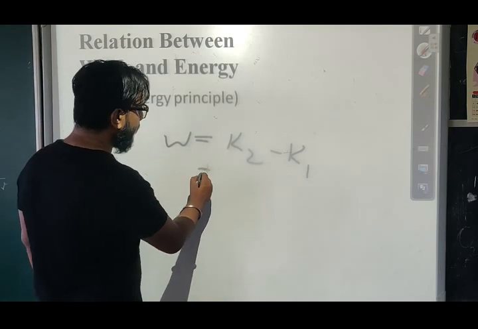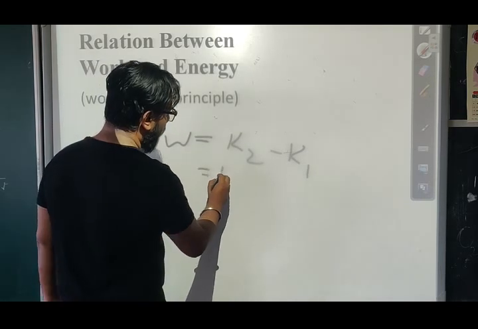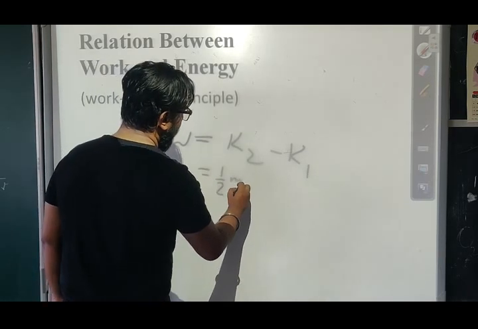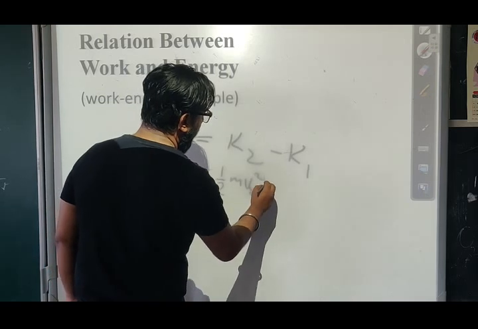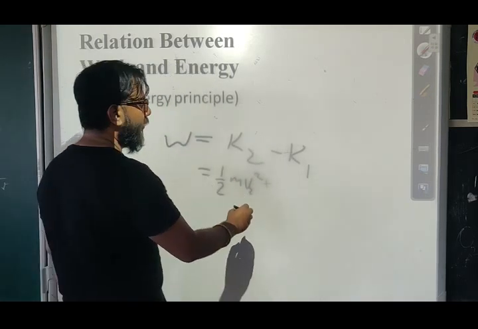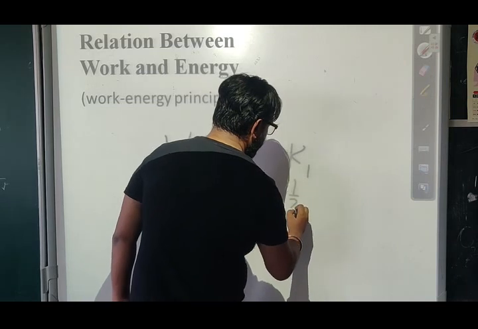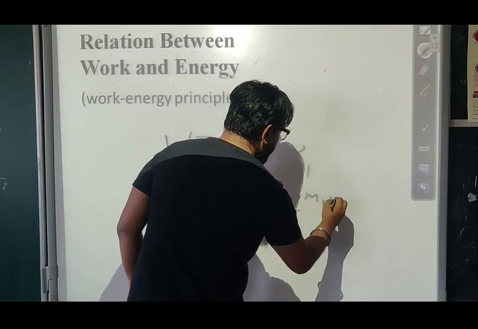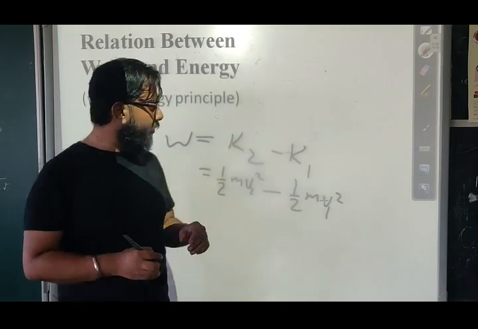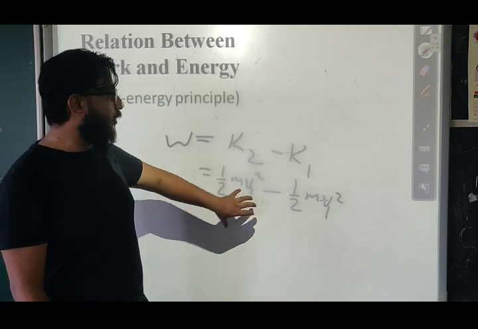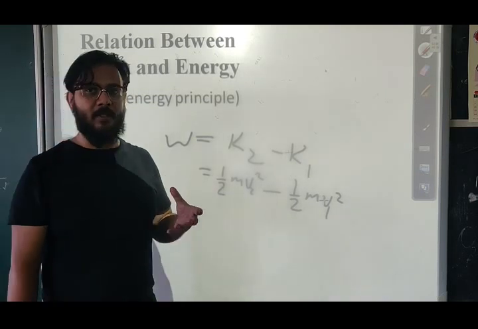So K2 is half mv2 square minus half mv1 square. I'm not writing it as m1 or m2. Why? Because the mass of an object doesn't change.